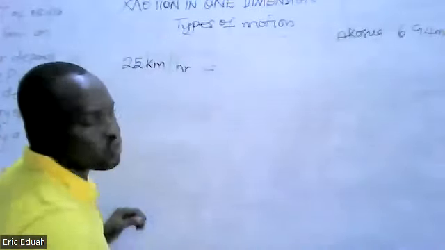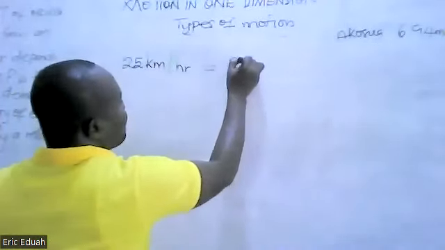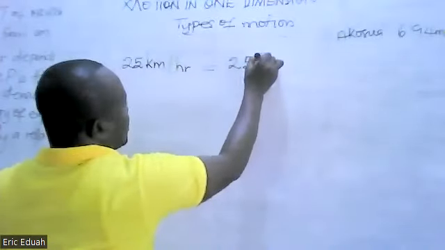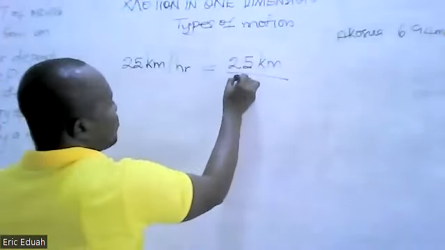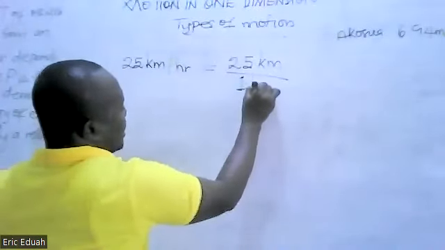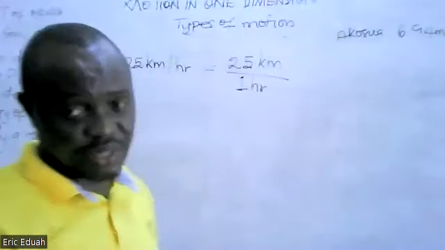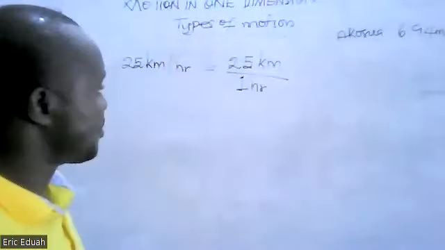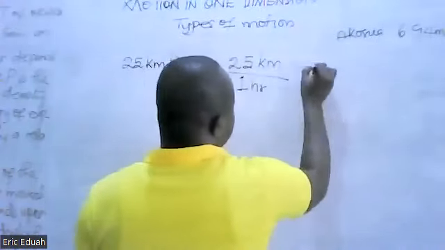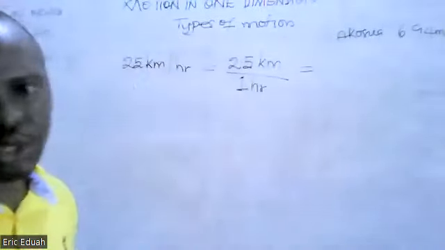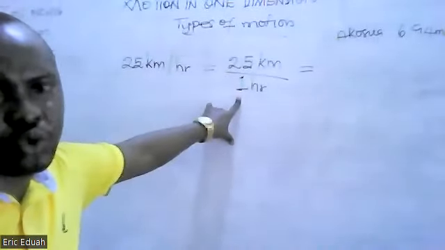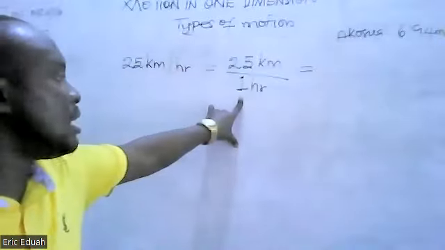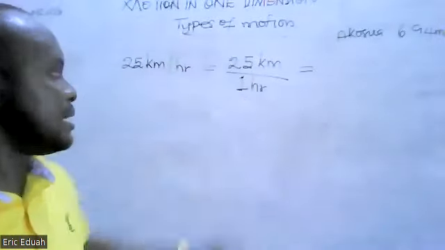This is equal to 25 kilometer divided by 1 hour. That is what it means. So I convert 25 kilometer to meter, and then I convert 1 hour to seconds.